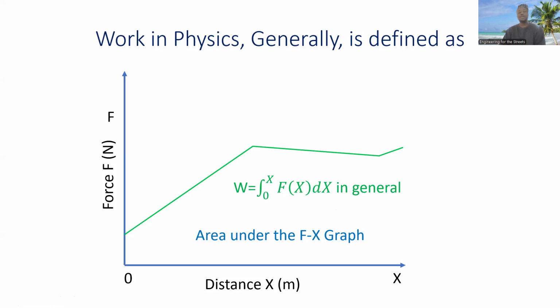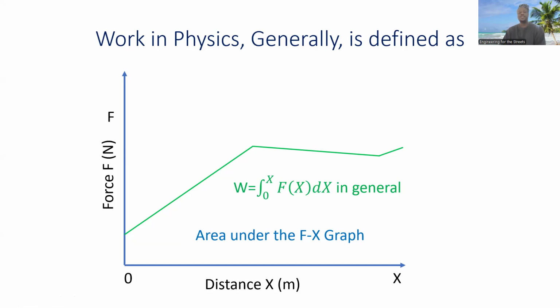Now, in this case where we're using force, linear force, and distance, then work is actually the integral from 0 to x, where x is distance, of f of x dx, where f is force that varies with distance. So it's a varying force.